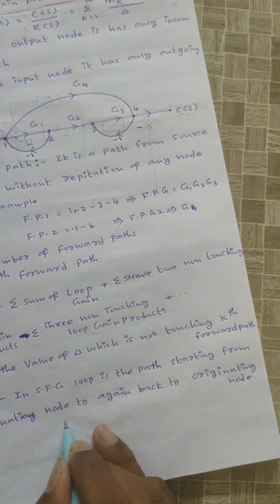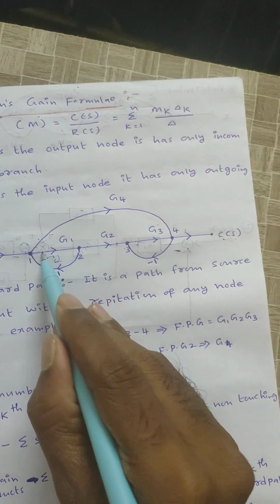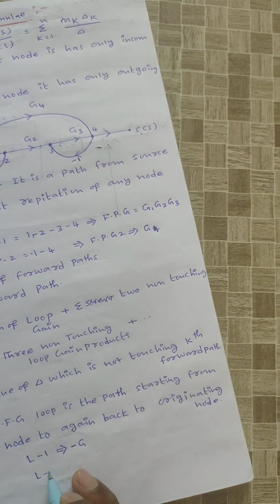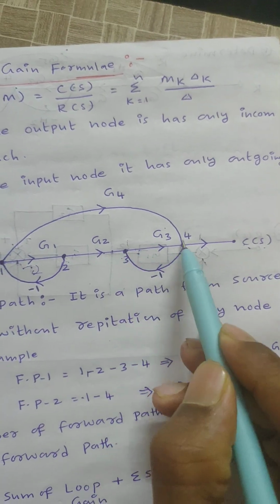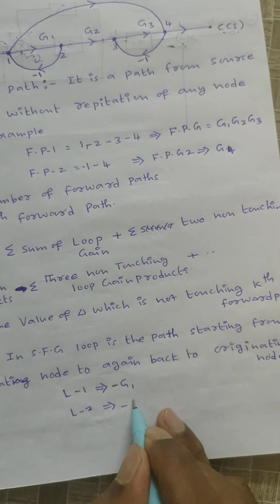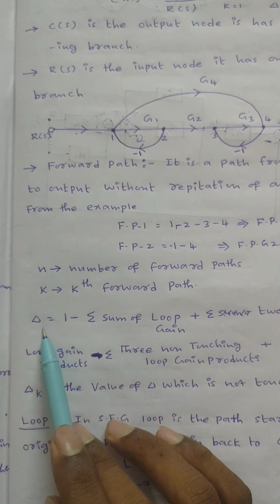Loop 1 gain is G1 into minus 1, that is minus G1. Loop 2 gain is G2 into minus 1, that is minus G2.